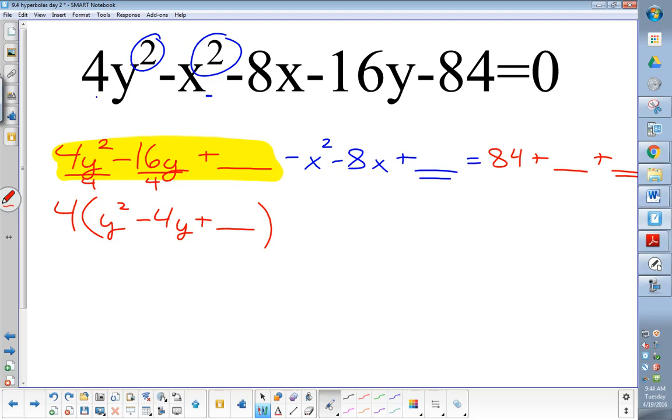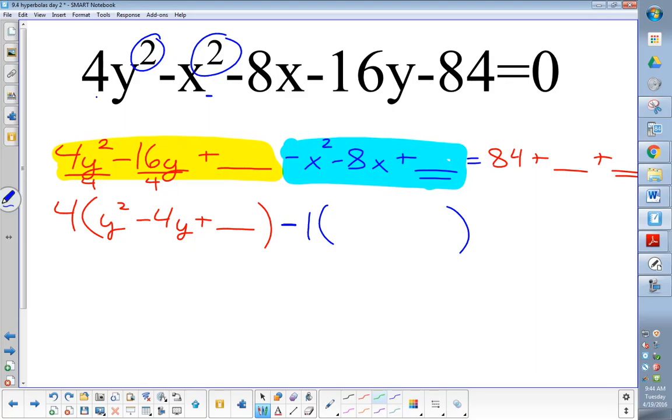Here's the one thing that makes today different than what we've done before. In this second chunk, I need to factor something out of that as well. Not an x, the negative. We don't want it to be a negative with that. It's going to be a negative 1. If you want to factor out negative 1, please do that. Okay, I am factoring out a negative out of that chunk.